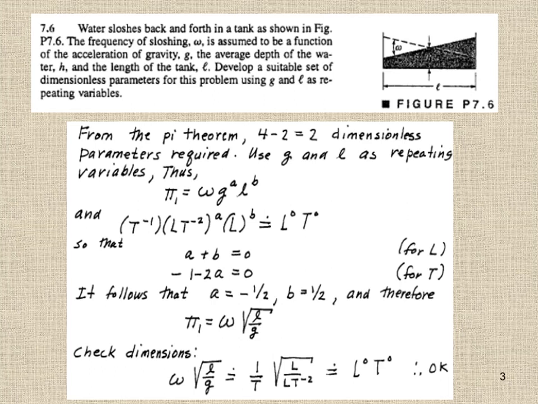So let's see, according to the steps to solve this problem that we know very well. First of all, we note down the total number of variables, including the dependent variable and independent variables. So what are the variables?